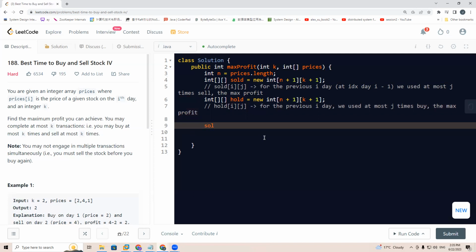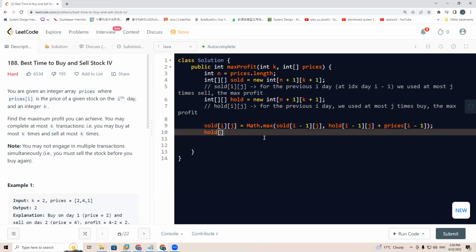That is, sold[i][j] will be the max of sold[i minus 1][j], that is, I sold it in the previous day, and also the maximum value of hold, where I sell it at the day index i minus 1.